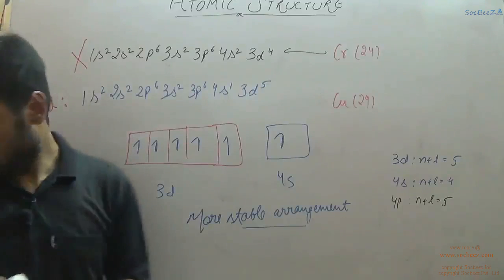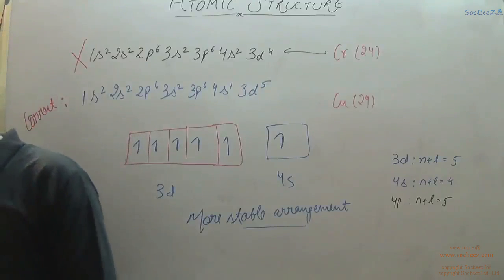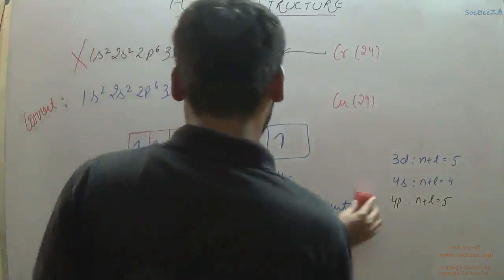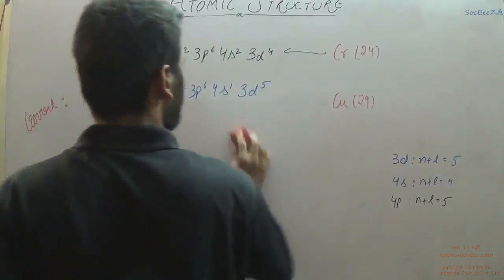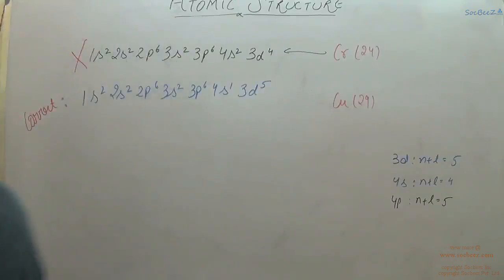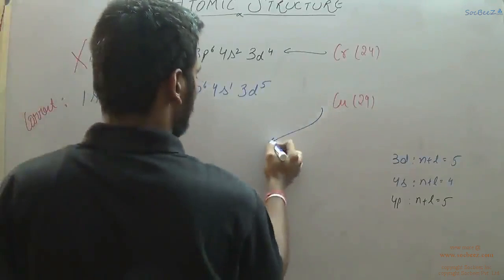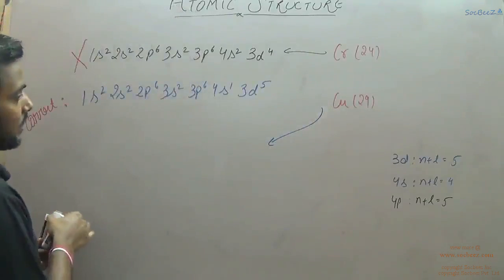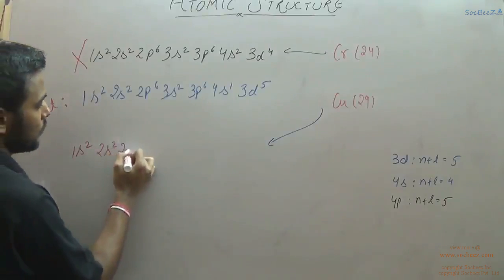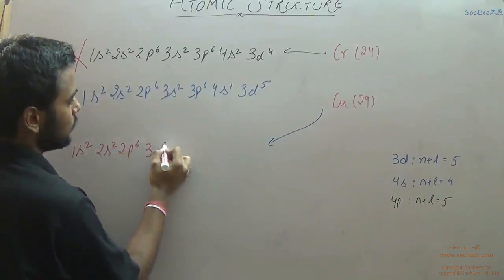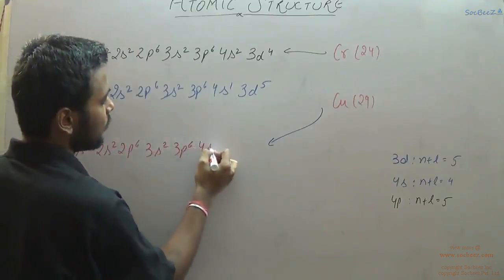Now in case of copper, the electronic configuration should be 1s2, 2s2, 2p6, 3s2, 3p6, 4s2.